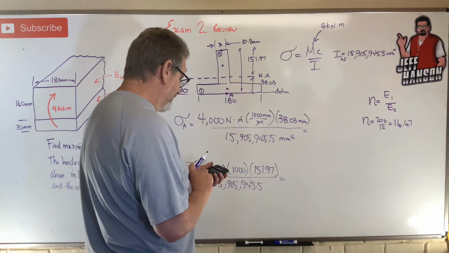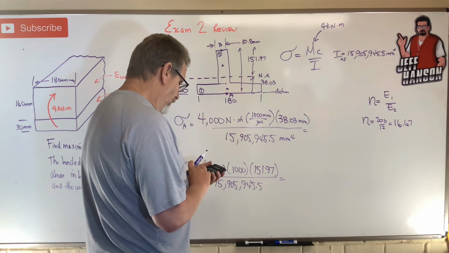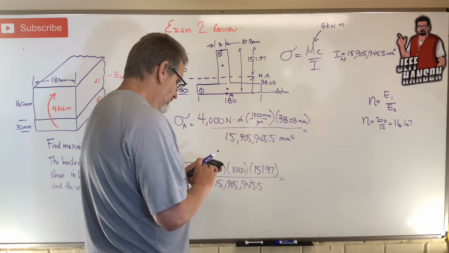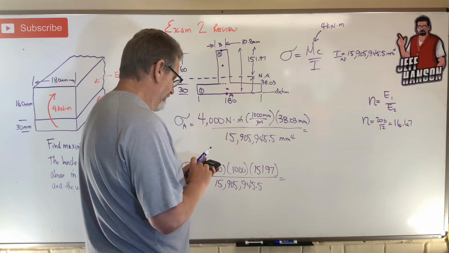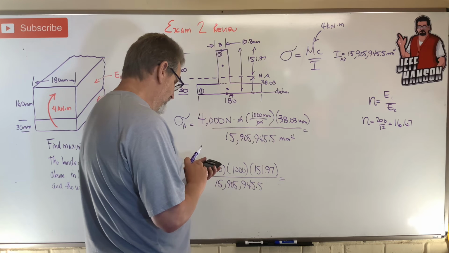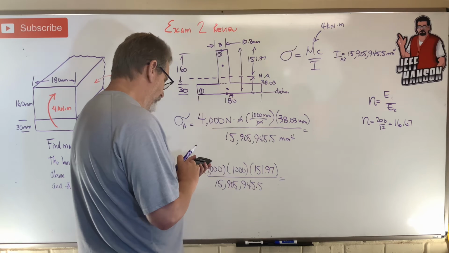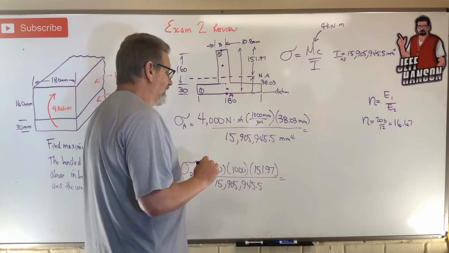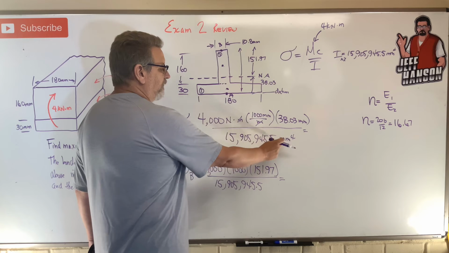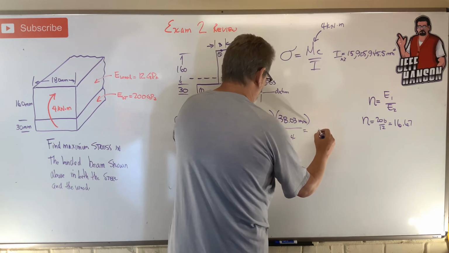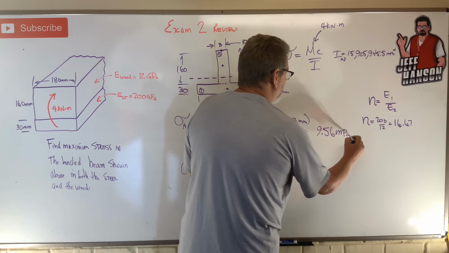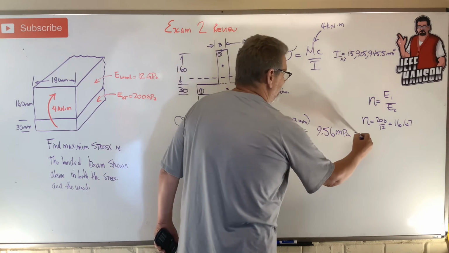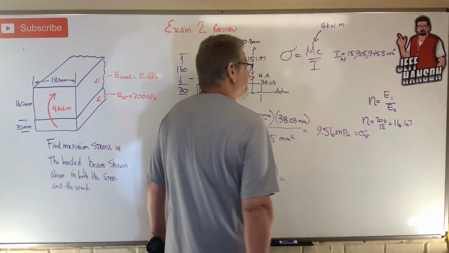That's 4,000 times 1,000 times 38.03, divided by 15,905,945.5 equals. Now what is all this going to be? This is newtons over millimeters squared. That's megapascals. So I got 9.56 megapascals. Now that is sigma for point A, which is the steel, right?